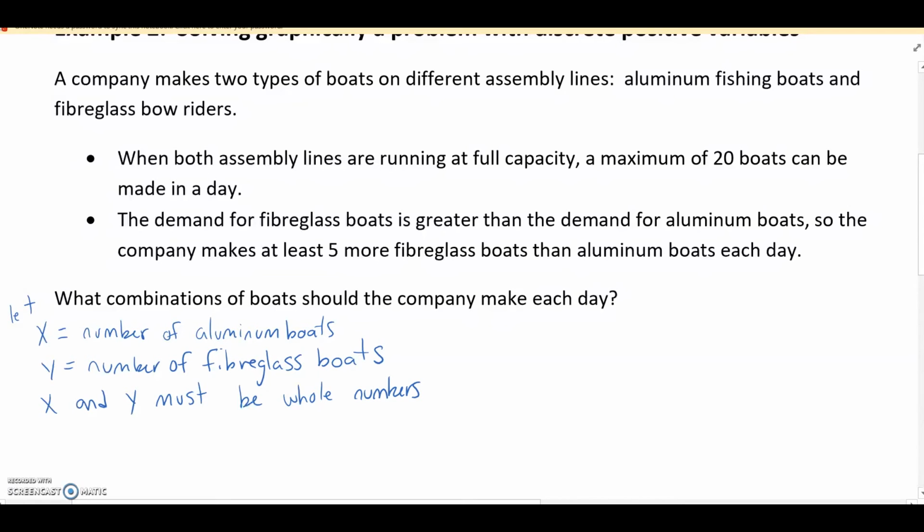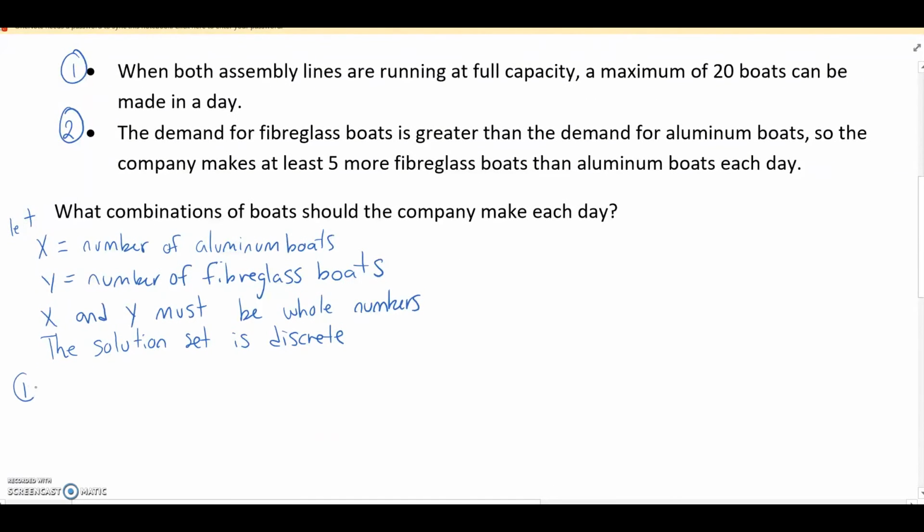And the solution set is discrete. Okay? Now, this should give us one inequality, and this should give us another inequality. Now, the first inequality here says when both assembly lines are running at full capacity, a maximum of 20 boats can be made in a day.